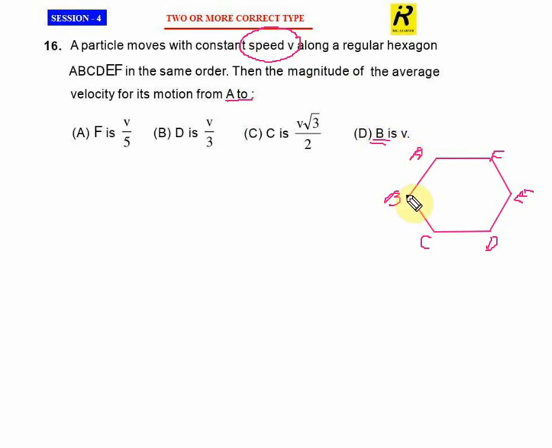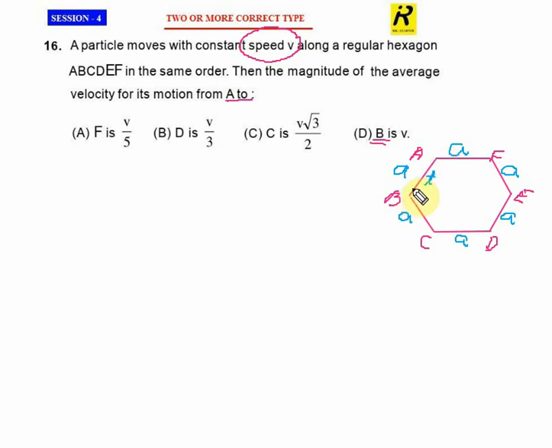So A to B. So I say the length of the sides of this hexagon is A. So every side is of length A. Let me assume the time taken to move from A to B is t.